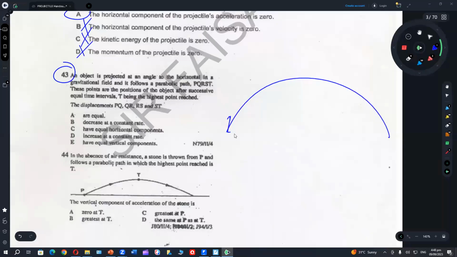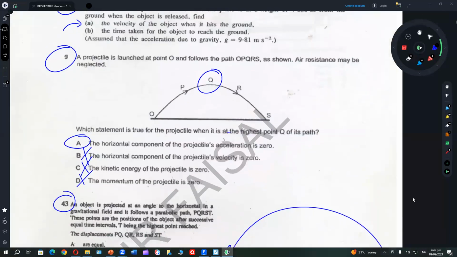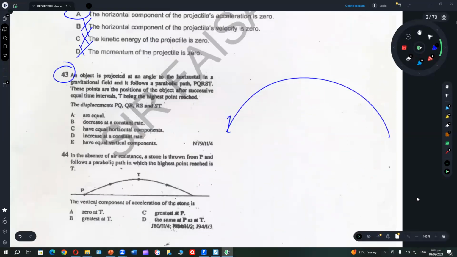This is the motion of the object. Now read the question. So the displacements PQ, QR, ST have equal vertical component, equal increase at a constant rate.